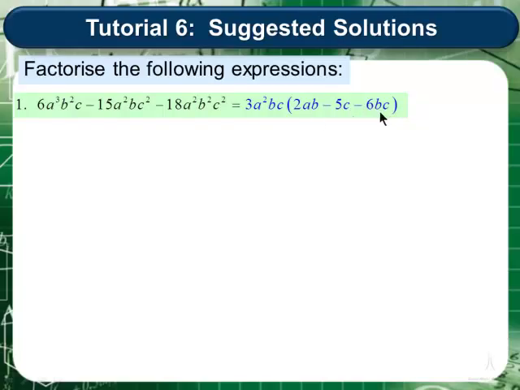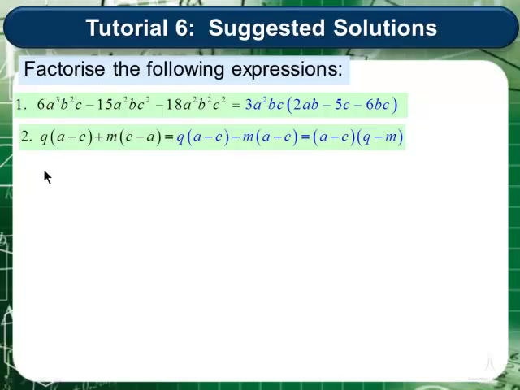Just check that. You clearly have to utilize your exponent rule for multiplication here in order to check the answer as well, because if you multiply out the 3a squared bc into this bracket using the distributive property, you should get back exactly the terms of the original expression.